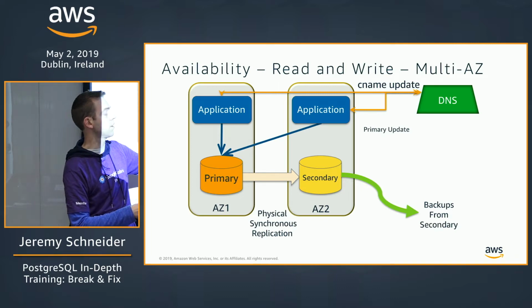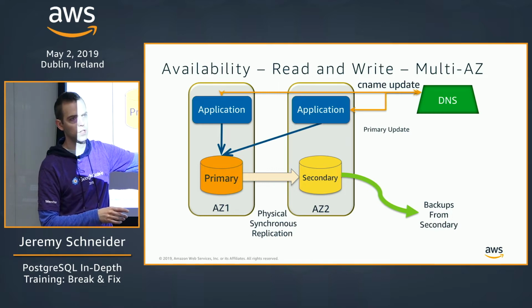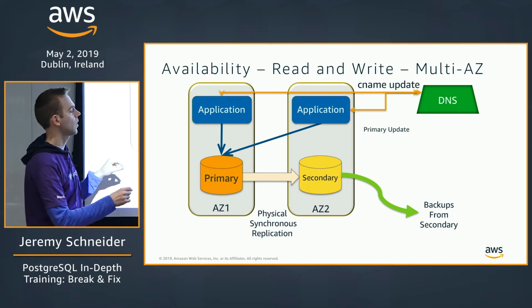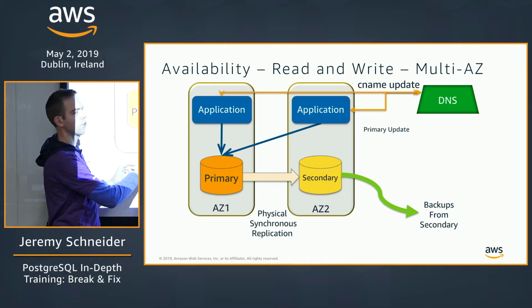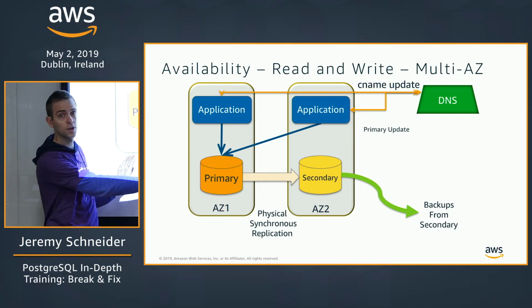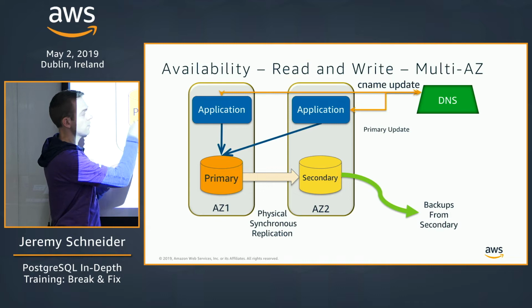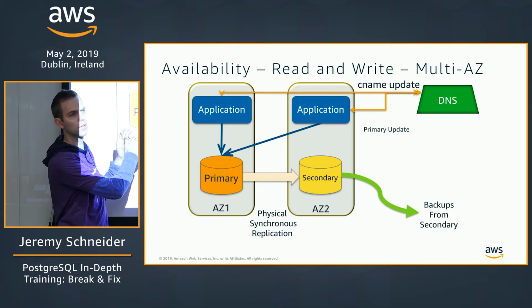And then in another AZ, you have another EC2 instance, and it has its own EBS storage. The database just accesses the storage, and then there's storage-level replication that happens. That means the database doesn't even really know that it's being replicated.